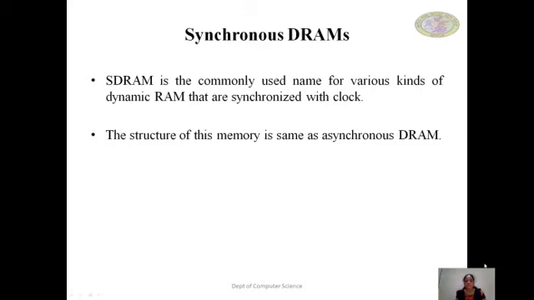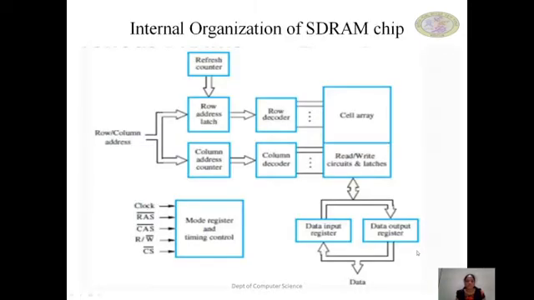The structure of the synchronous DRAM is similar to that of the asynchronous DRAM. So now let us study the internal organization of the synchronous DRAM chip. As I told, the synchronous DRAM is similar to the asynchronous DRAM, where the row and the column addresses are provided.